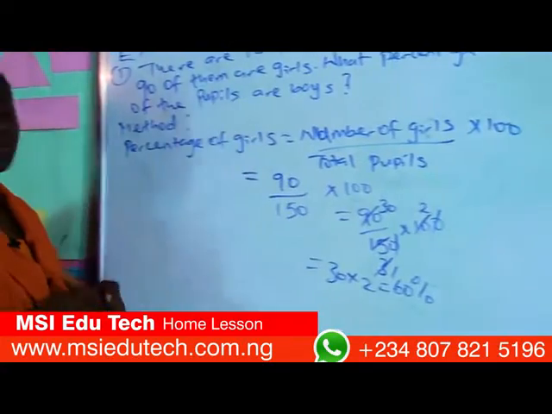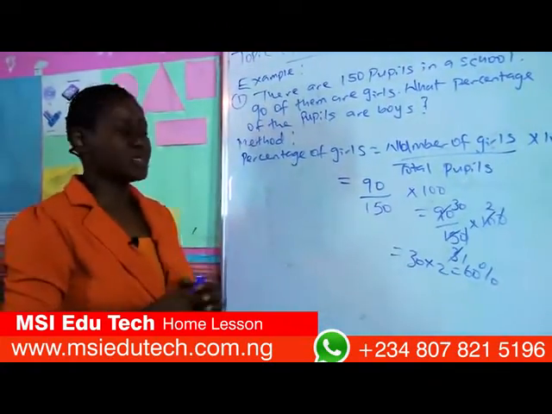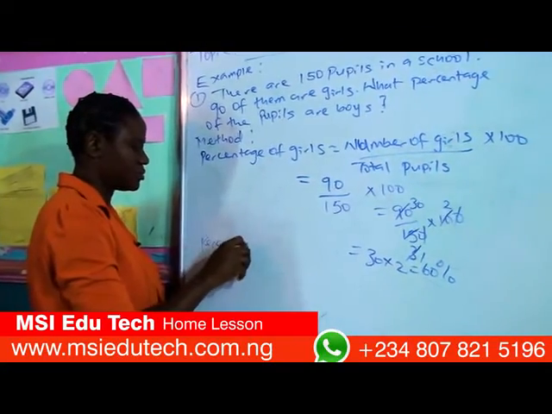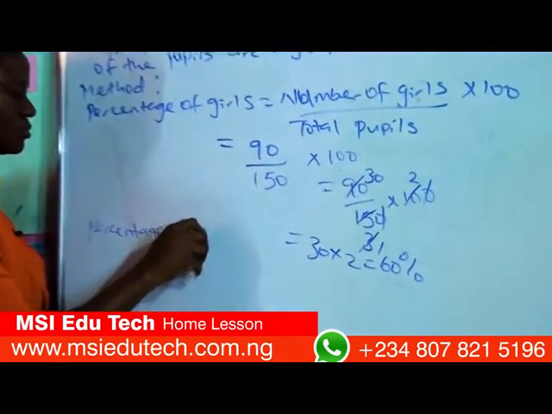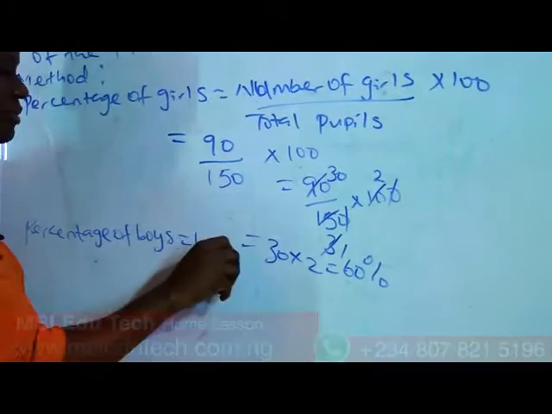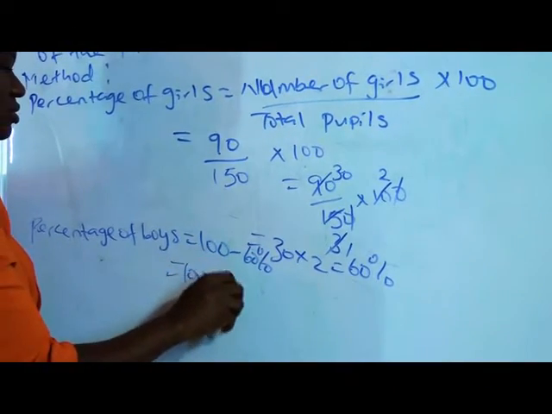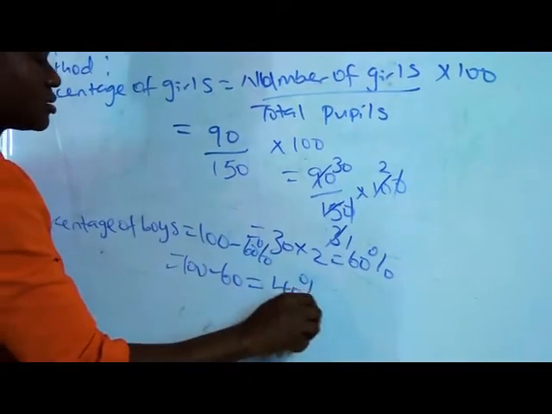Since the percentage of girls is 60%, then the percentage of boys will be 100 minus 60%. 100 minus 60% will give us 40%.